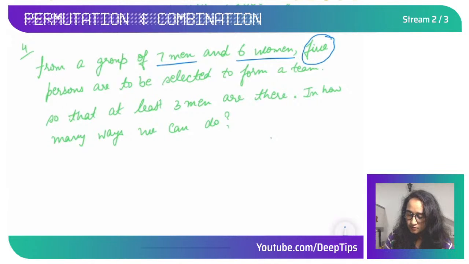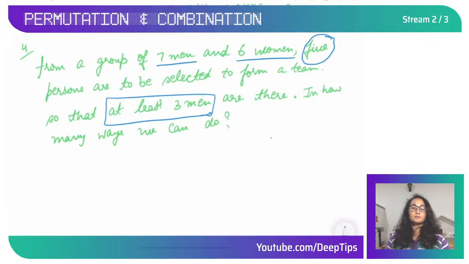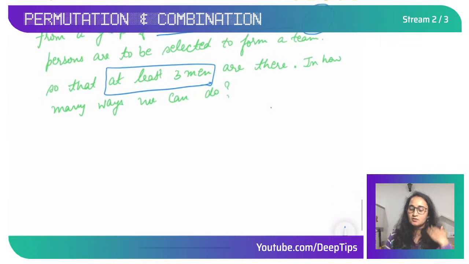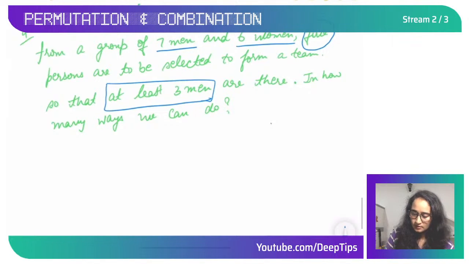And the important clause here is at least 3 men should be there. Whenever we say at least 3 men, that means minimum 3 men should be there, or maximum 5 is also okay.